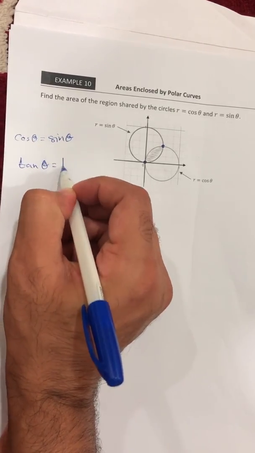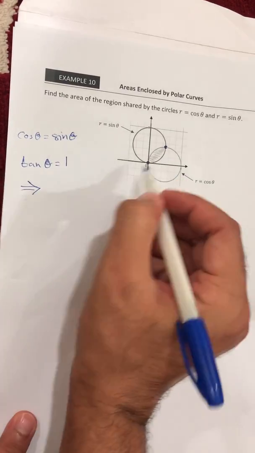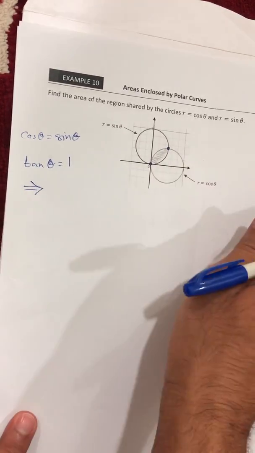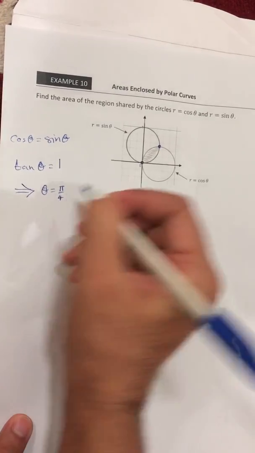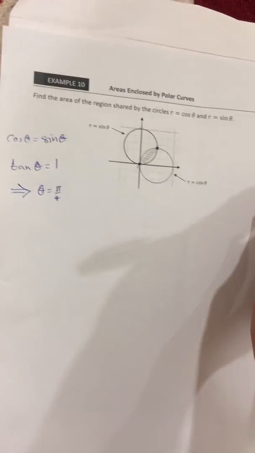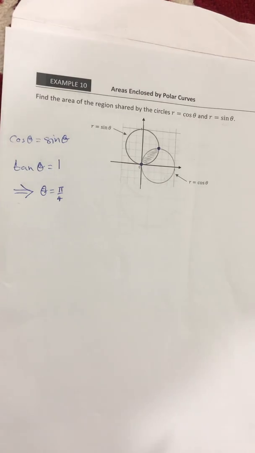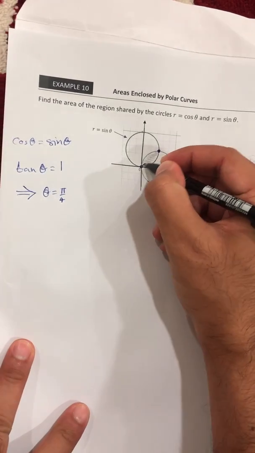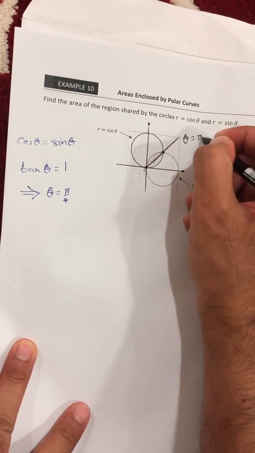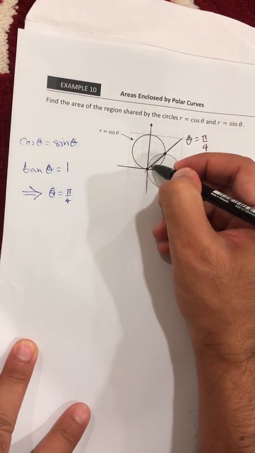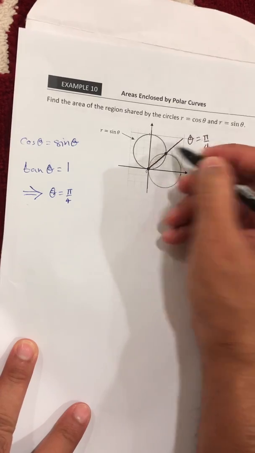Tan theta equals 1, and we are in the first quadrant, so it means that theta equals pi over 4. So this point is pi over 4, which means that this line over here is theta equals pi over 4.